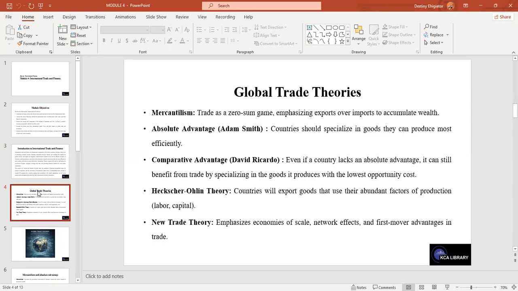Then we have the next one, comparative advantage by David Ricardo.